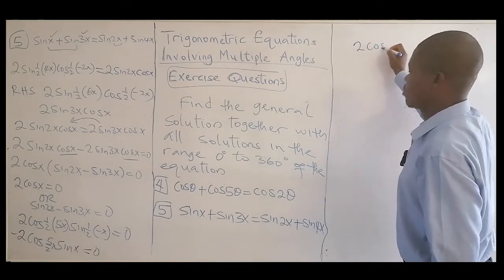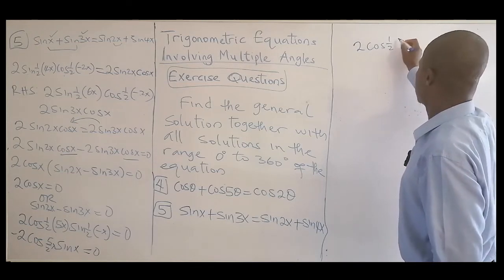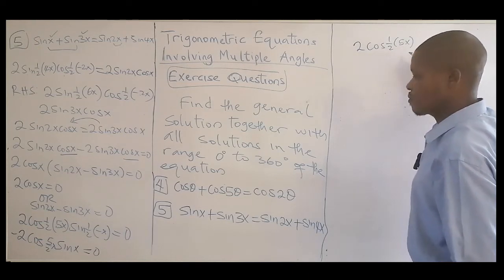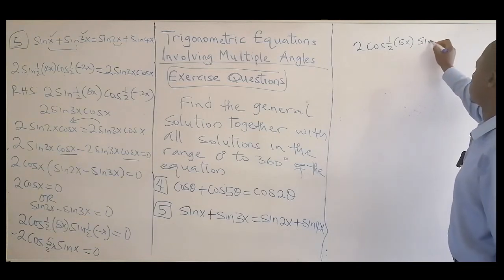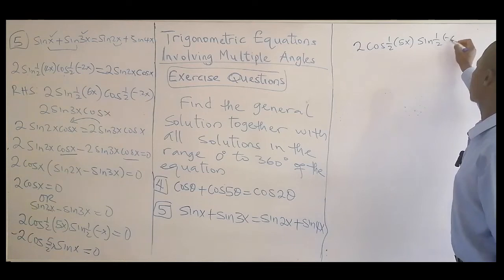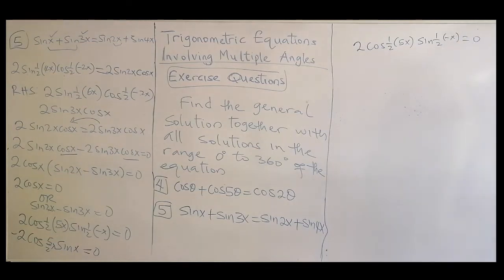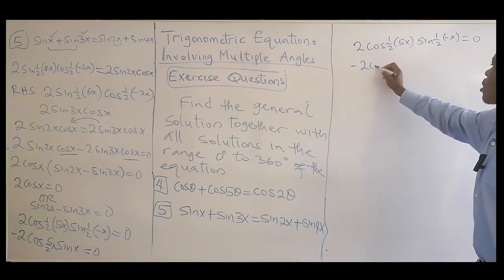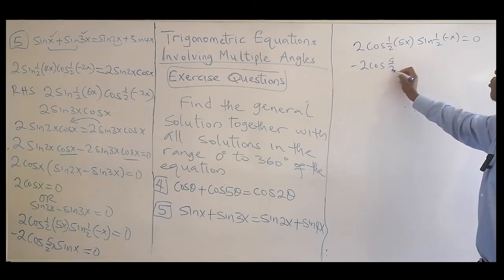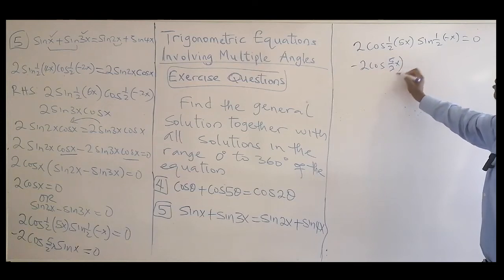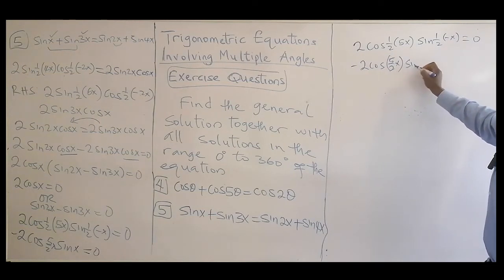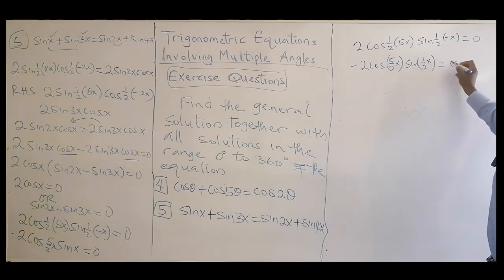Let's copy it here. 2 cos half 5x sine half minus x equal to 0. So with this one now, this minus here can come here, and that's minus 2 cos 5 over 2x sine half x equal to 0.